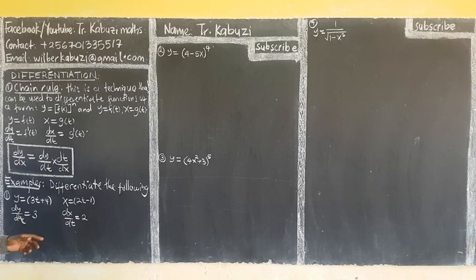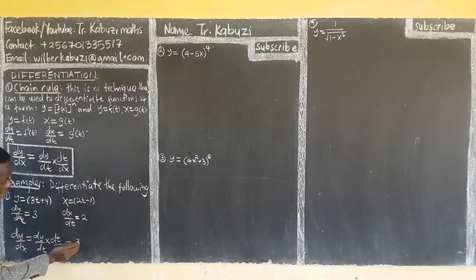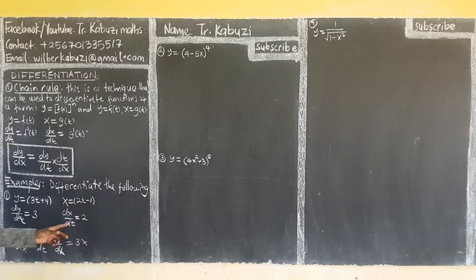Now to get dy/dx, we use our formula. Our dy/dx will be dy/dt times dt/dx. So that is as if the dt cancels and we have dy/dx. Now our dy/dt is 3 times dt/dx.